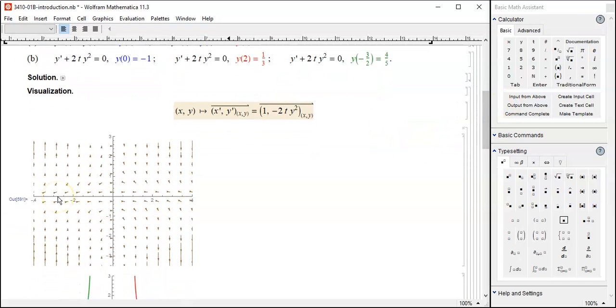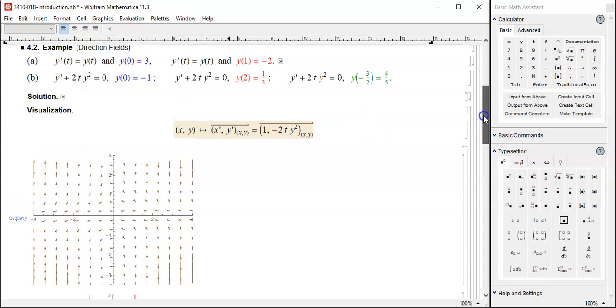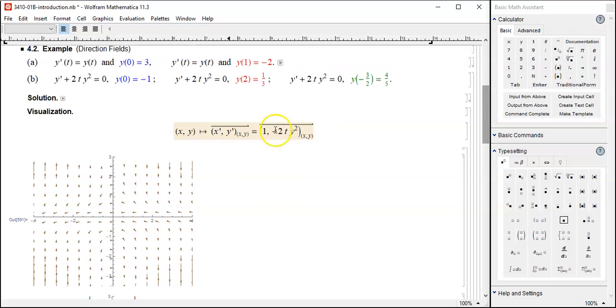So horizontally, horizontal speed is just 1 all the way. Now vertically, let's see, negative 2t y squared, and x and t are the same, so let's use x there. Negative 2x.